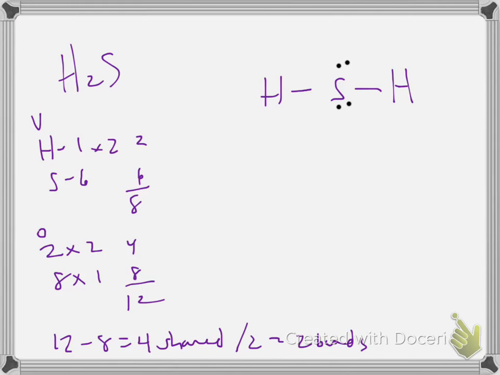Unshared pairs are always pairs. They're always in twos. And the way to think about this is an orbital that's not being shared. And how many electrons can you have in an orbital? 2. So they're never solo. Yes, ma'am. So there were a few of you who I saw had some things like that. That would be wrong on a quiz. That would be incorrect.